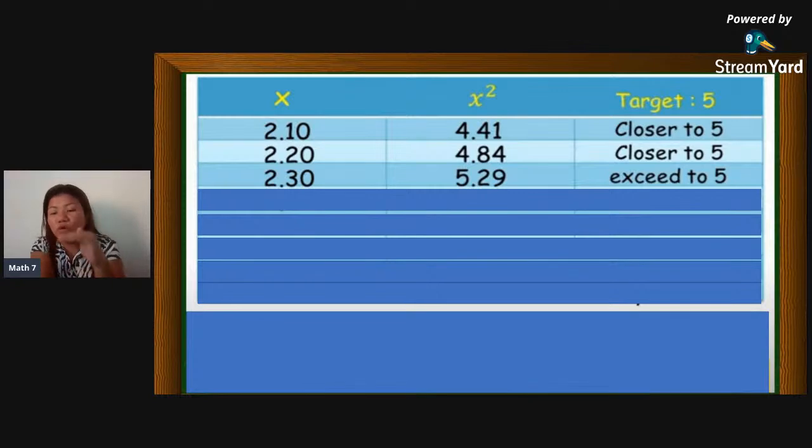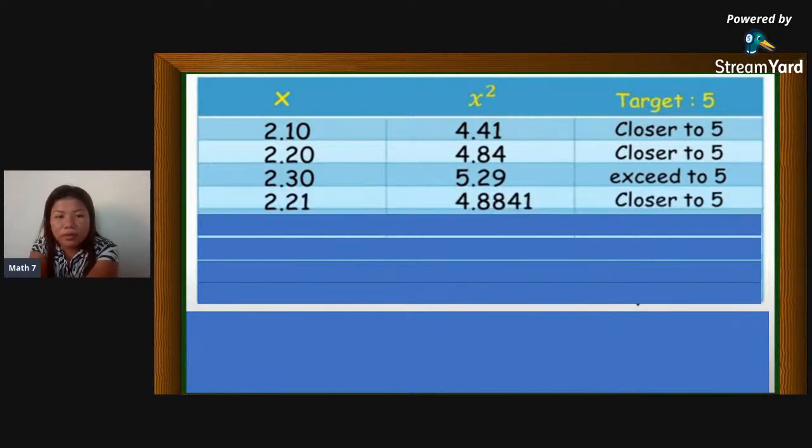Pero nung nag 2.3 tayo, tumaas na siya, lumampas na siya sa 5. Anong gagamitin nyo ngayon, 2.1 or 2.20? Ano kaya ang mas malapit sa 5? Okay, so 2.20 gamitin natin.